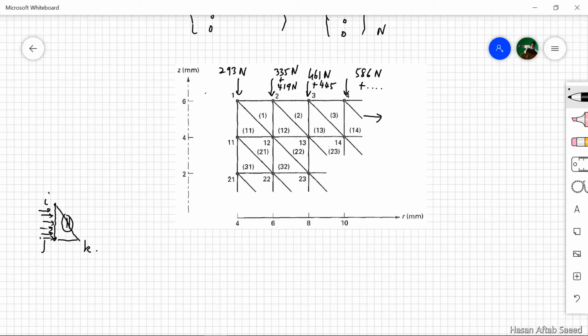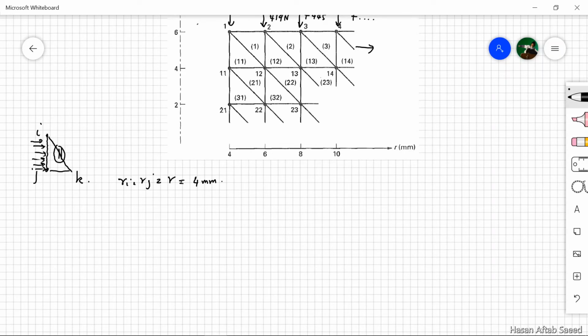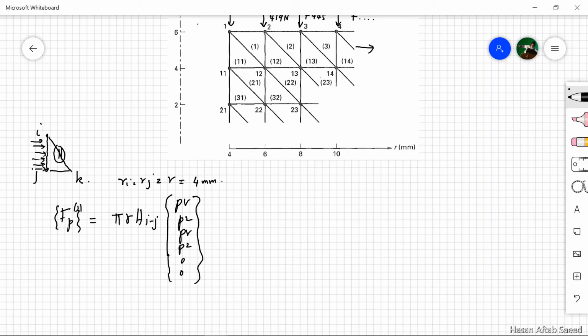Because Ri is equal to Rj is equal to R in this case, which is 4 millimeters, we can use the simpler of the two formulas. Recall the last lecture, for the 11th element, the pressure force will be, the simple formula, pi R H IJ over 2 times P R, P Z, P R, P Z, and so on.